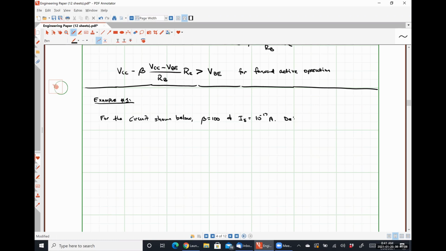We are asked to determine the collector current IC and verify that the transistor operates in the forward active region.